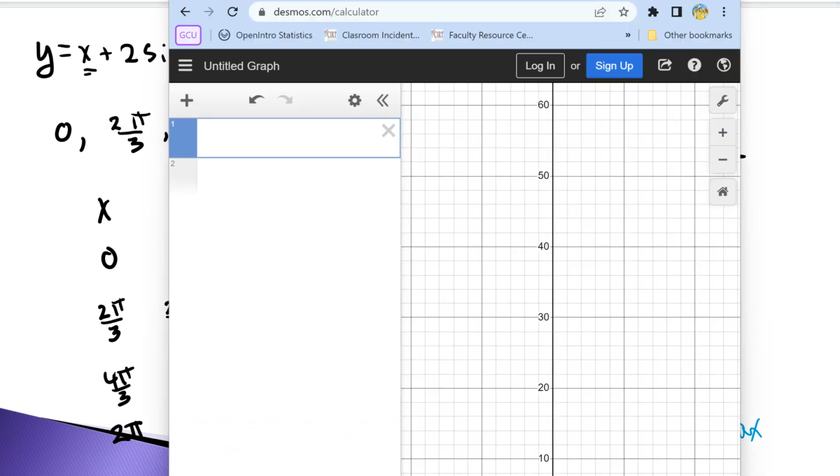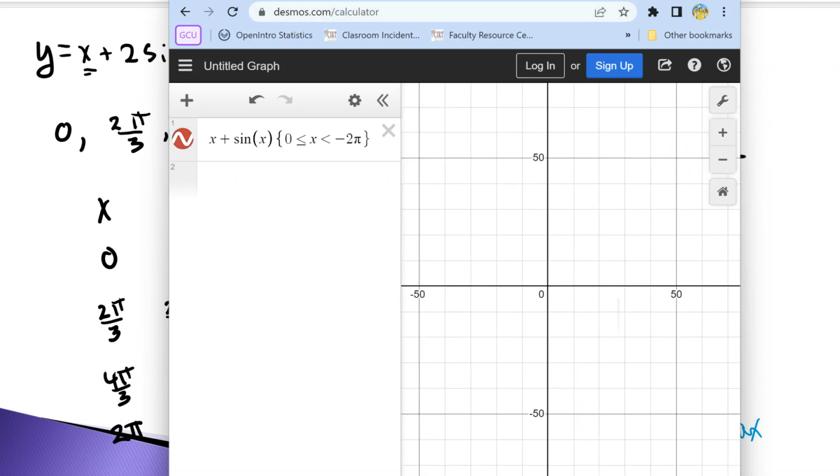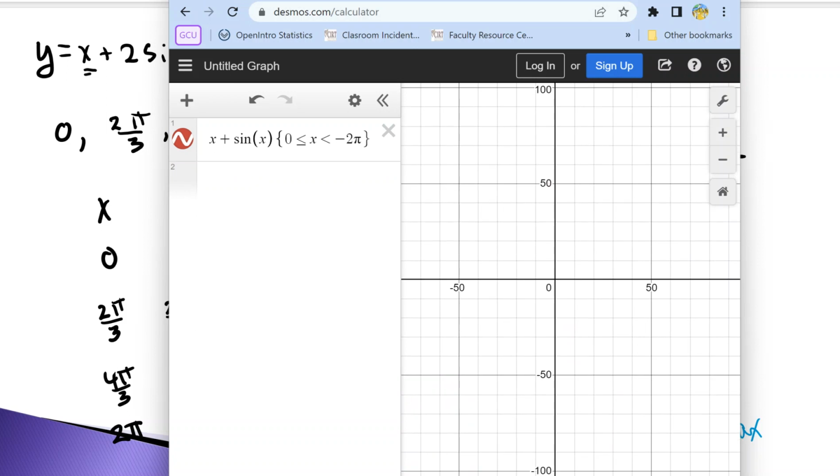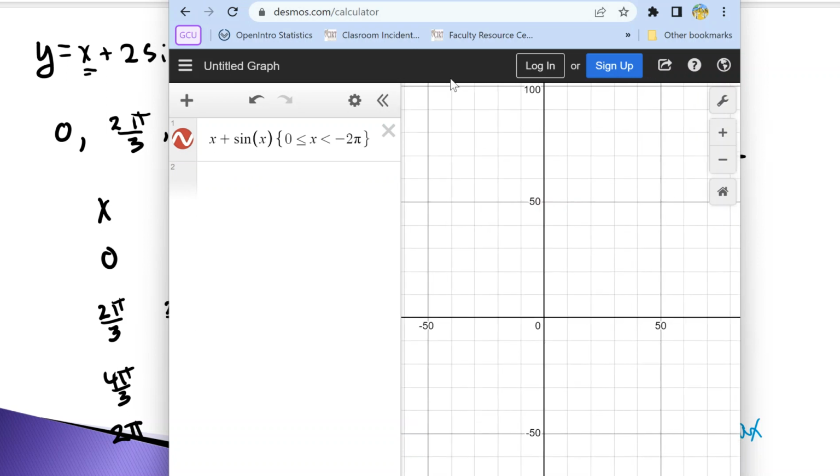So I have x plus 2 sine of x, and I want to restrict my domain, so I'm going to say 0 less than or equal to x less than or equal to 2 pi. The curly braces allow me to do that. And where is my graph? How about a positive 2 pi?